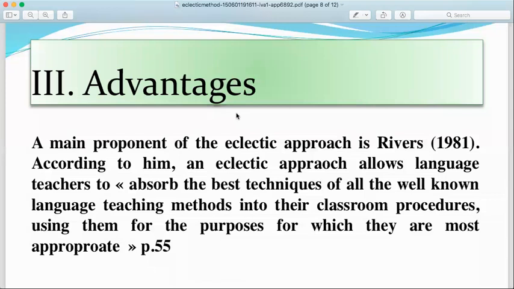So errors are corrected, but not immediately and in some good way. Okay, and especially when it comes to communicative activity, the teachers and the fellow students get involved in giving feedback. That can be corrective feedback also, so that every student can learn about his mistake and other mistakes too. Okay.